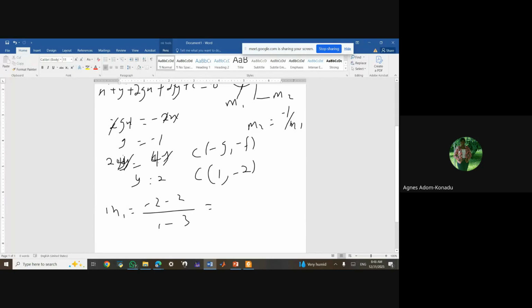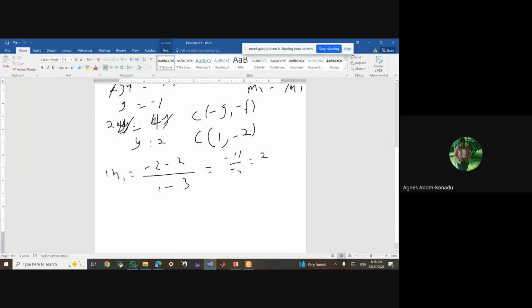Minus 4 over minus 2. What would that be? 2. This will give us 2. So it means that my m2 will be, my m1 is 2, so my m2 will be negative 1 over 2.